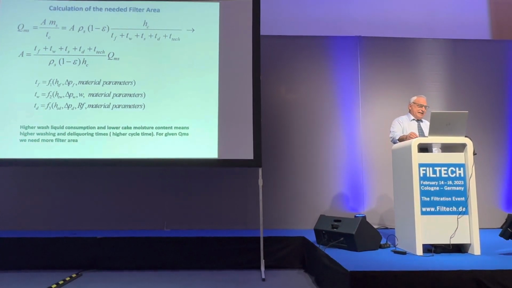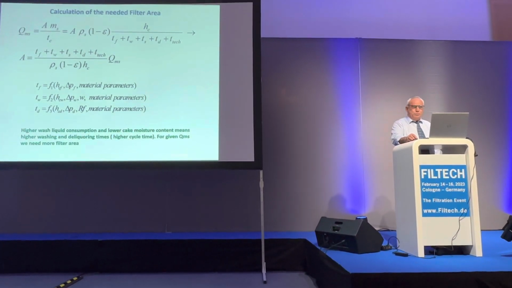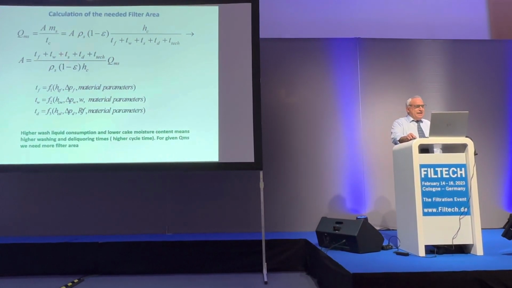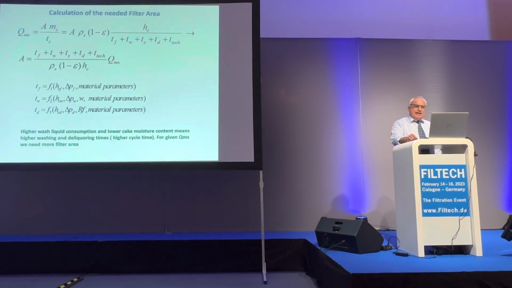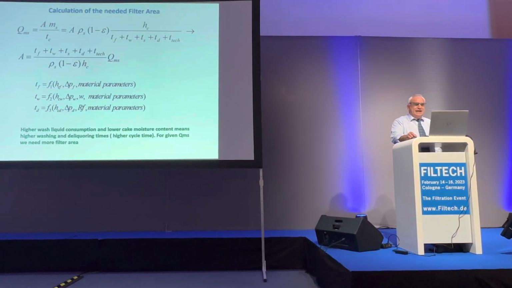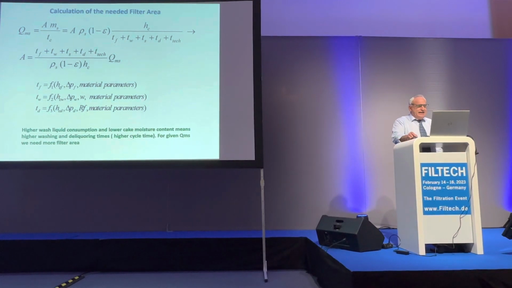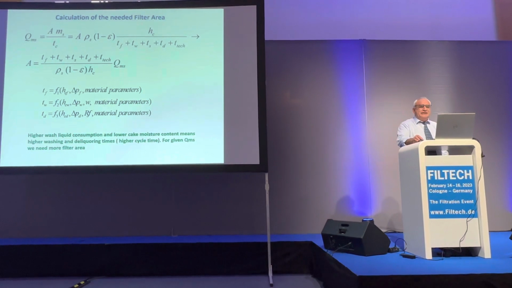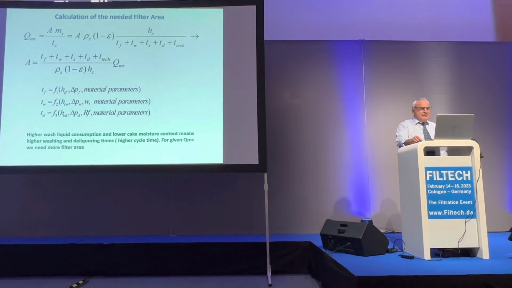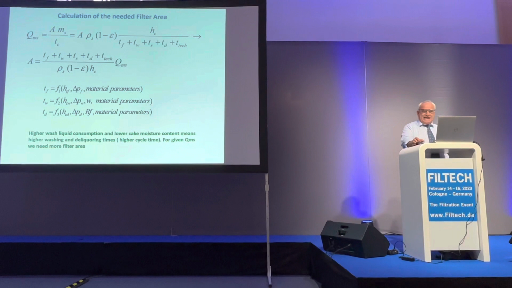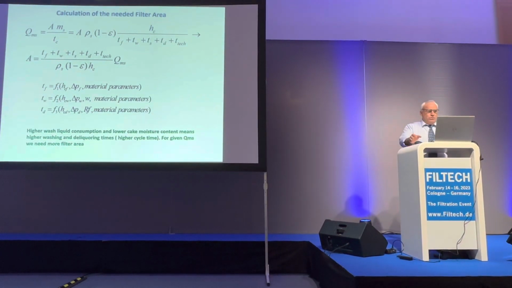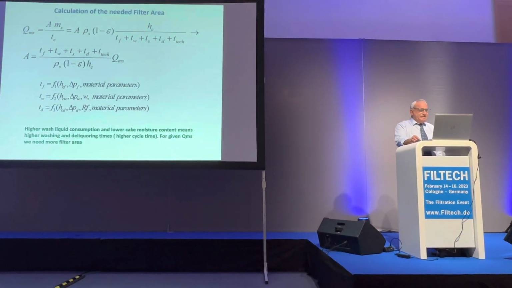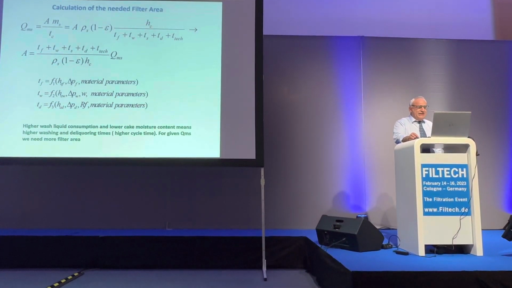The first result parameter is the solids throughput, kilogram solids per hour, and then based on this equation, that is proportional, of course, to the area, and here you see the time components: formation, washing, squeezing, we are talking about membrane filter press, delivery, and the technical time. So, here we see this depends on the filtration time, washing time, delivering time.